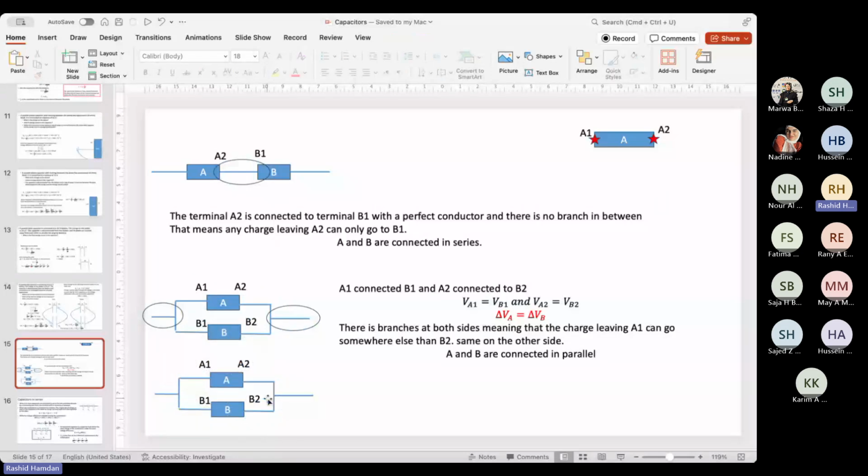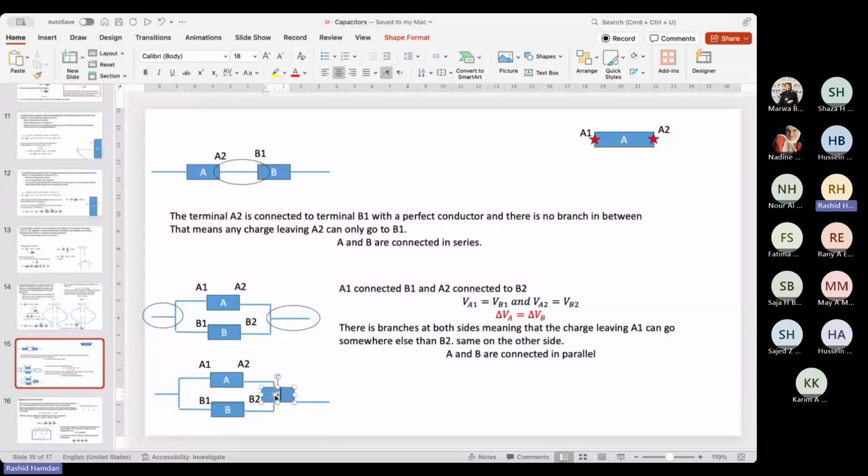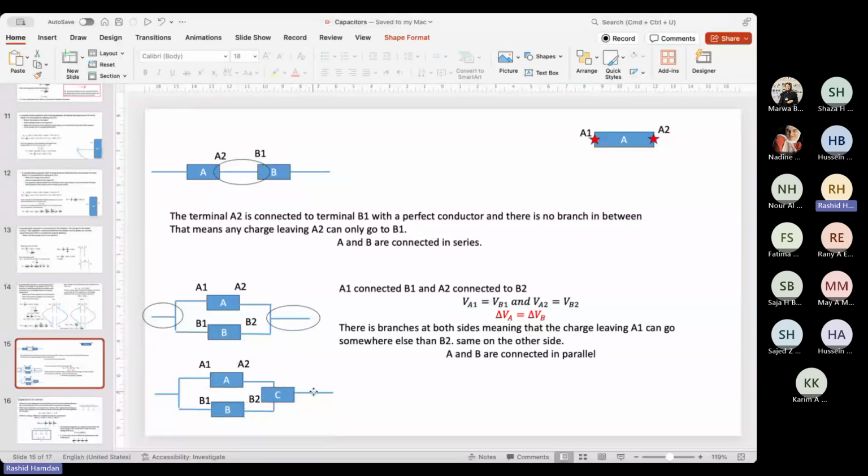So I could have another device here. Let's copy this and call it C. Okay, so we look from A1 to B1. A1 is connected to B1, but there is a branch. Now A2 is not connected to B2.